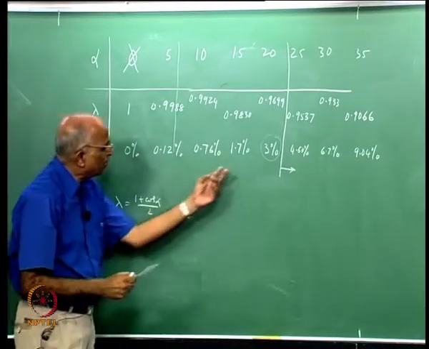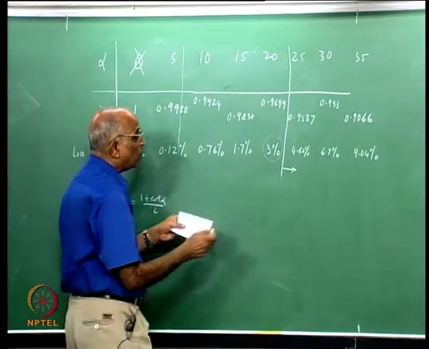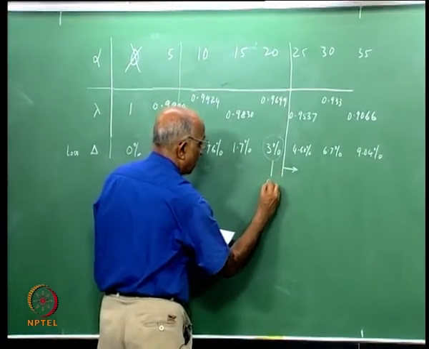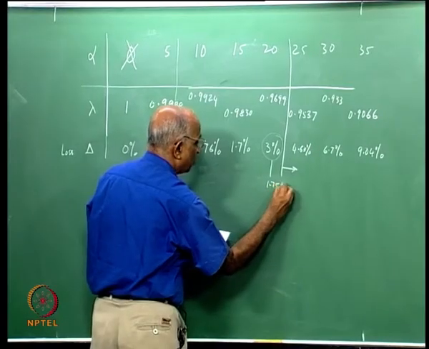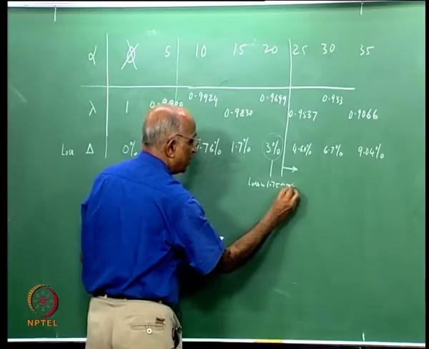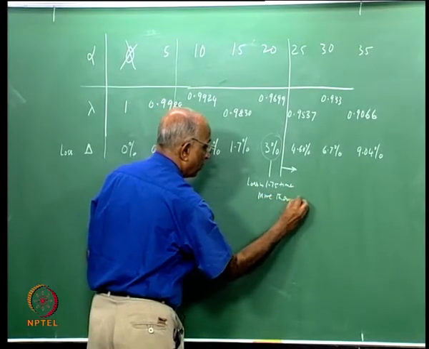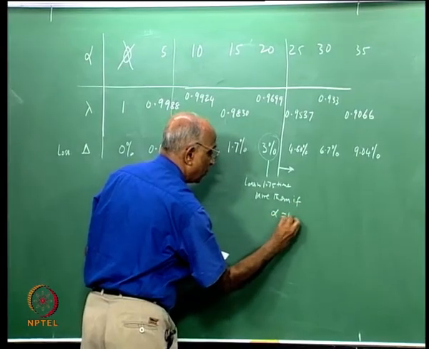In fact, if I compare the value at 20 degrees with that at 15 degrees, the loss is about 1.75 times more than if alpha were equal to 15 degrees.